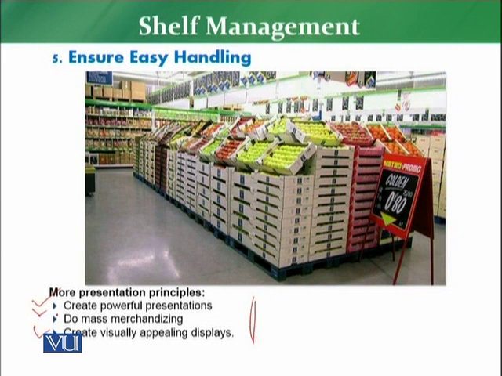If you see the example here of the fruits and vegetable department with these fresh apples on display, considering the handling principle, you will see it is very easy to pick these apples. You can easily go and pick yourself, choose yourself, and then take the product to your shelf.